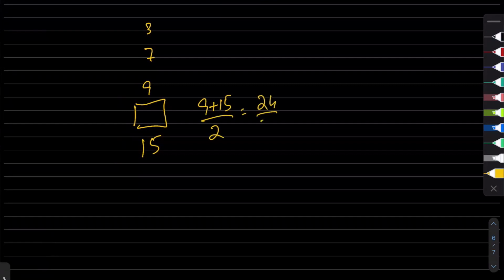So 24/2, you write 12 here. Okay? Yeah, thank you. But if they give you something like this, and they ask you to predict this, you can't, because there's no clear trend here. It's increasing, then it's decreasing. You'll just say that we can't figure this out. Okay? It cannot be predicted because there's no clear trend.